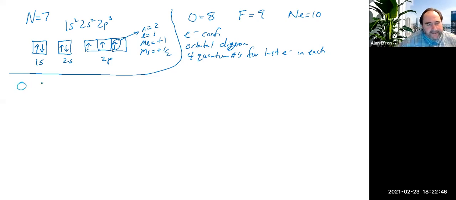Maybe, there we go. It's 8. So again, starting at the top, should be 1s2, 2s2, and at this point, 2p4. Again, if you count up the top numbers there, you got 2, 4, and 4 is 8. Again, our orbital diagram will look very similar to what we've been drawing here.